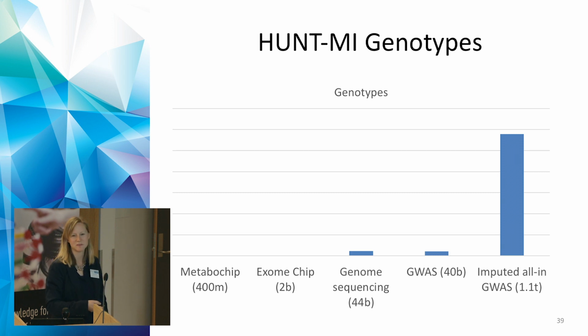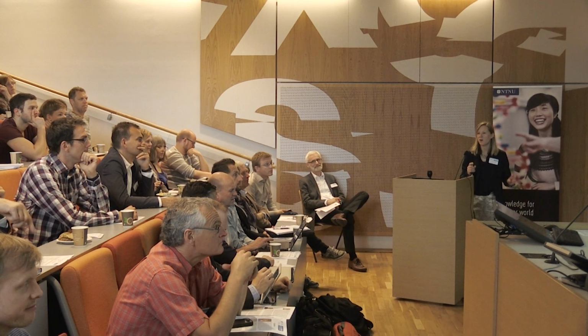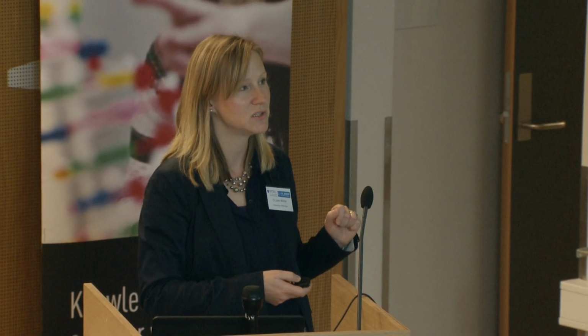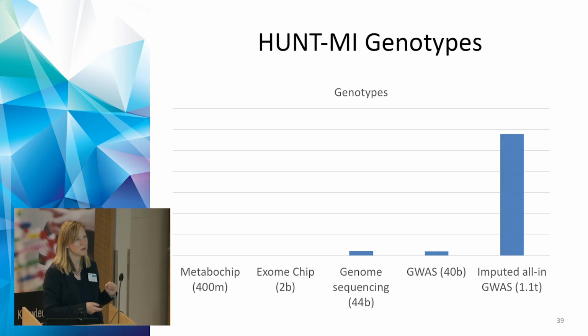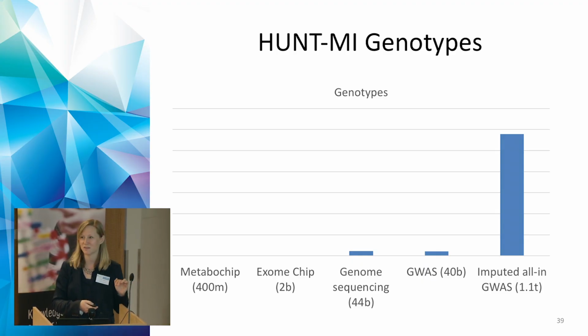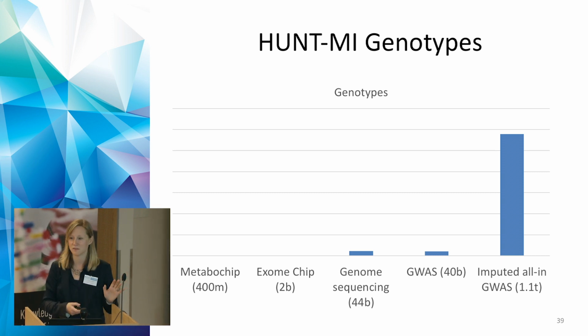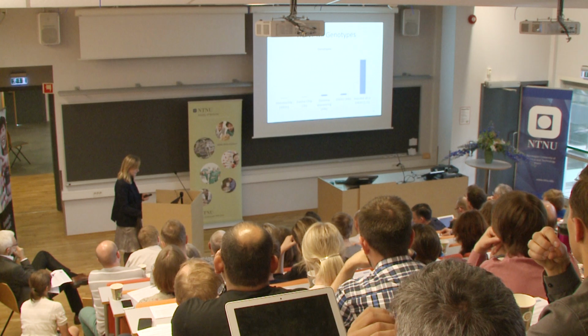Our whole genome sequencing of 2,000 samples that took us 4 years to complete is about 44 billion genotypes. The HUNT all-in GWAS, 68,000 samples at about 500,000 markers, is about 40 billion genotypes. And now that we can impute all those variants into the whole HUNT sample, we're talking in the trillions of genotypes. So you can see how the scale of the data that we've been able to generate over the last 5 years has really changed.